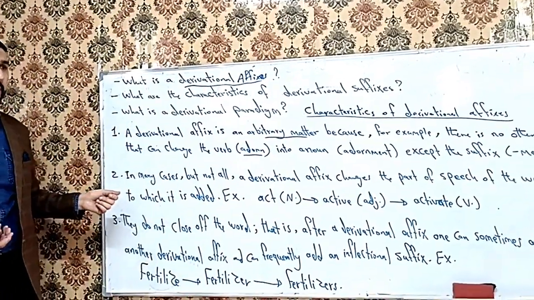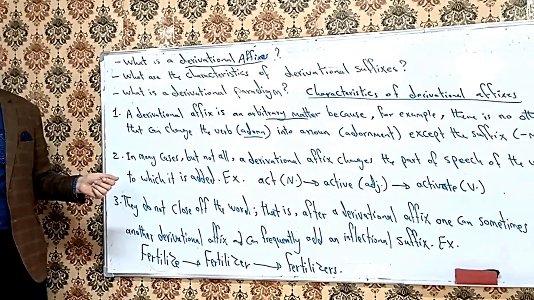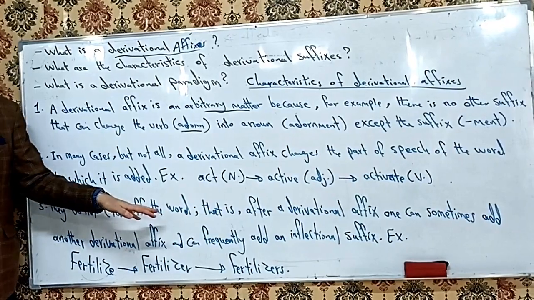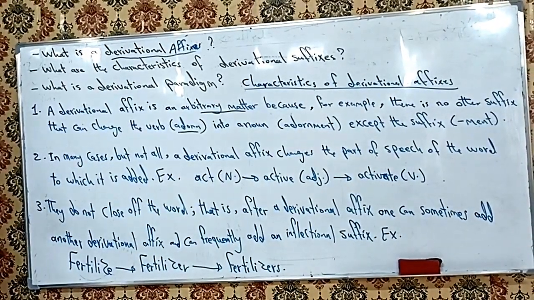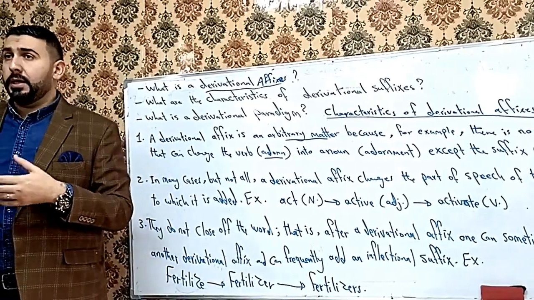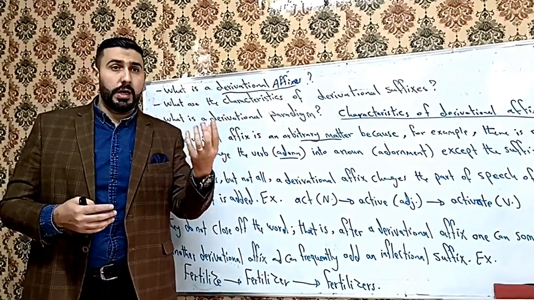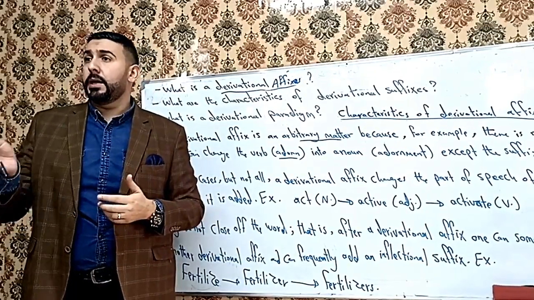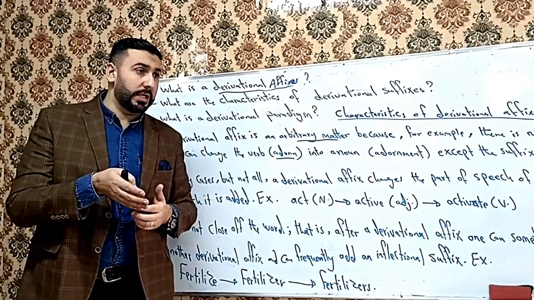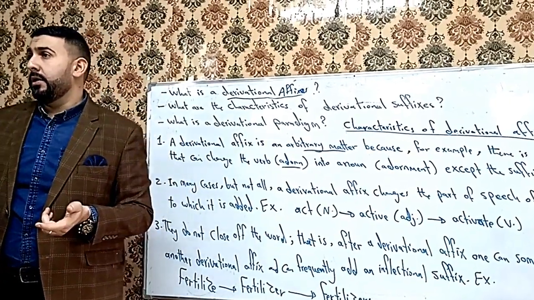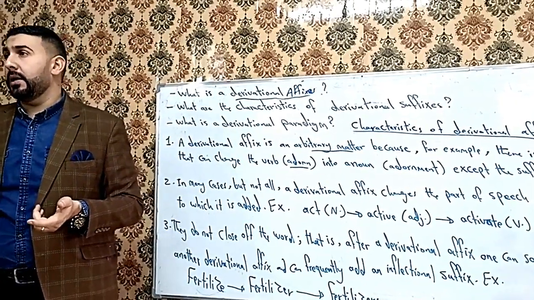The third characteristic of this kind of affixes, they do not close off the word. معناتها ما يقفلون الكلمة. يعني when you add a derivational suffix, you can add another derivational suffix after the addition that you added.